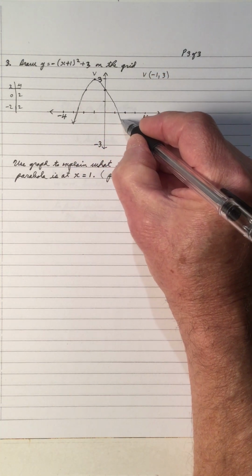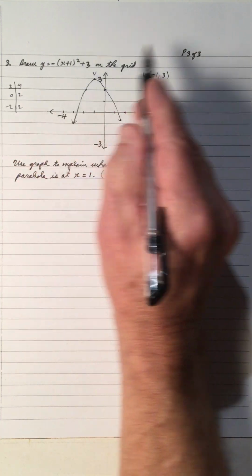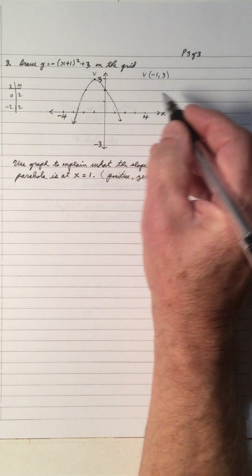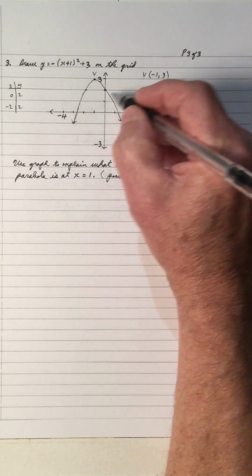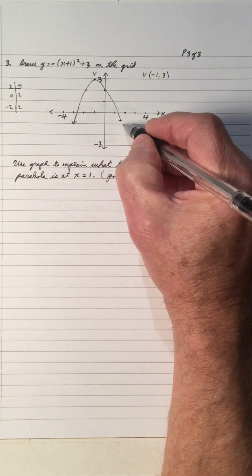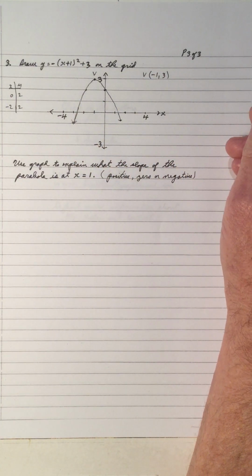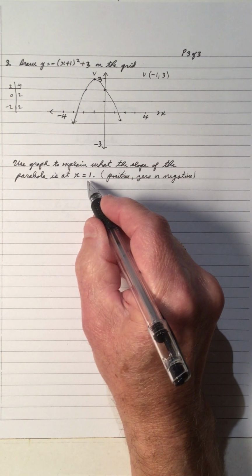There it is. Now, if I let y equals 0, I can solve this out and get the x-intercepts. But this is a vertex of negative 1, 3, and because it's negative, it opens down. So there it is. Use the graph to explain what the slope of the parabola is at x equals 1.